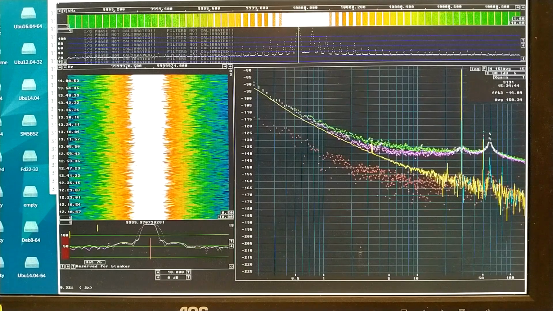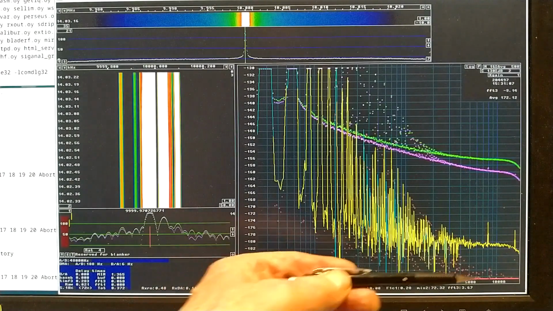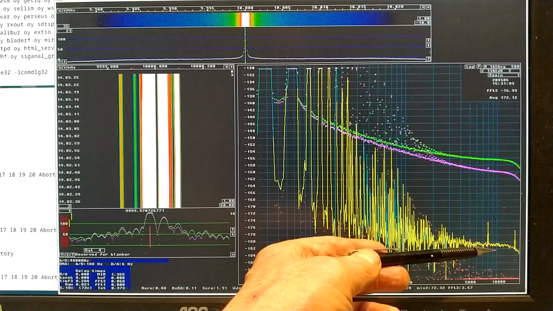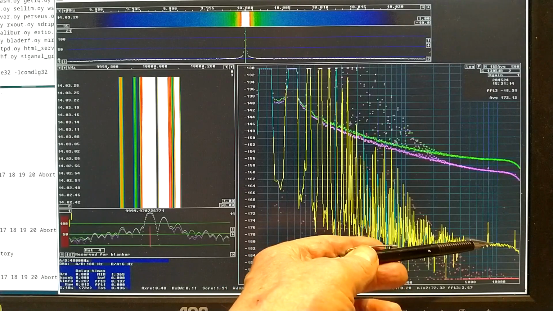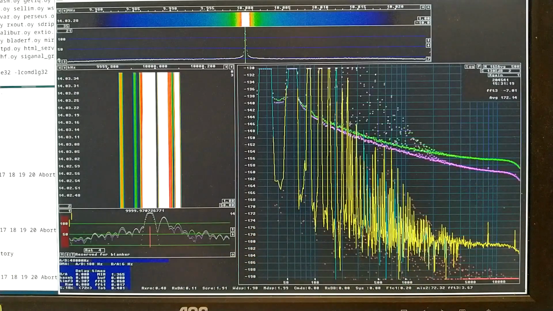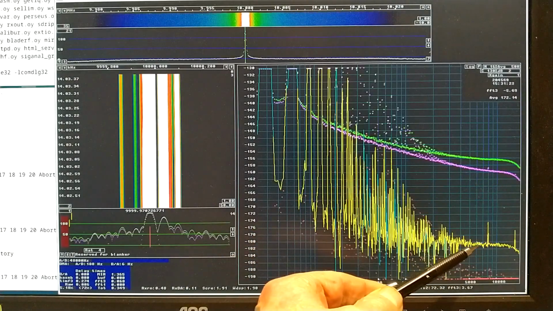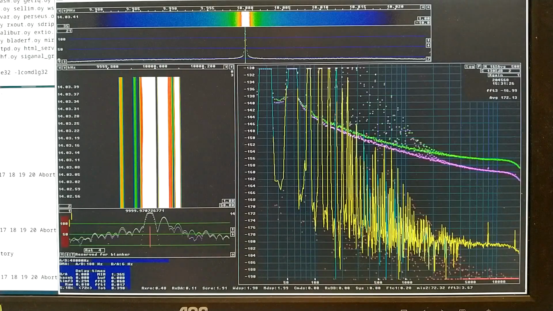I have a second screen here with different sets of parameters, so I can see the noise floor at 10 kHz offset at 181.5 roughly. And here you can see the sensitivity bends off. It is easier to see here because this is horizontal and then it bends. That is because I did not calibrate the sound card, so I will do that before continuing.